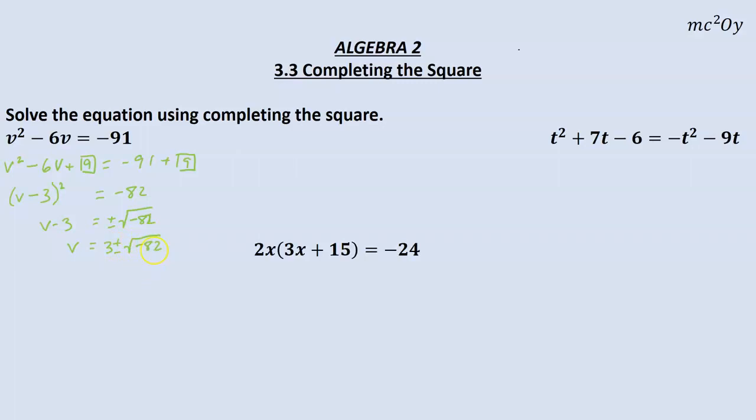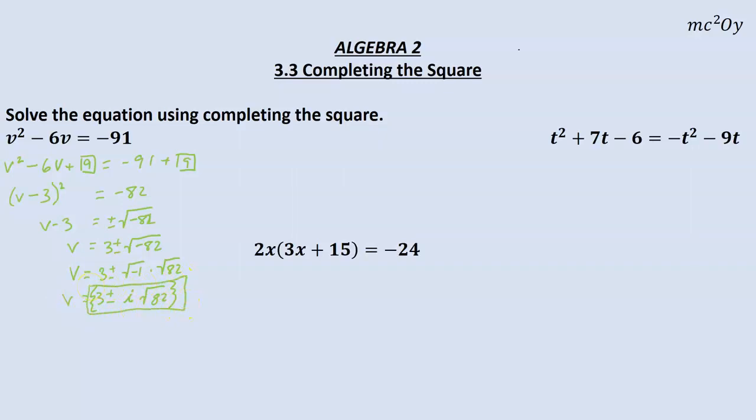Well, when I look at that, I notice that this is a negative, and that means I can break it up into root negative 1 times root 82, which really is 3 plus or minus root negative 1 is i, root 82. And root 82, when I think of that, no perfect squares go into it. Therefore, I am done. That's what v equals.